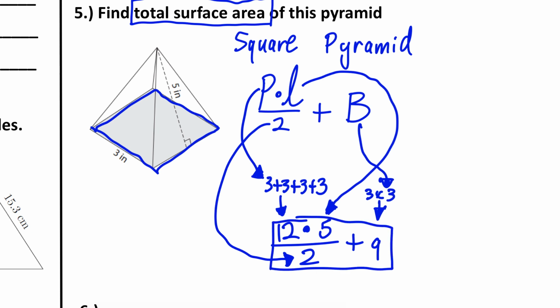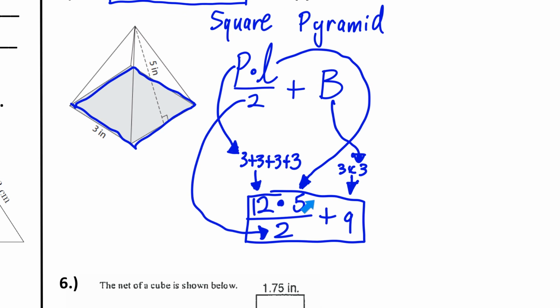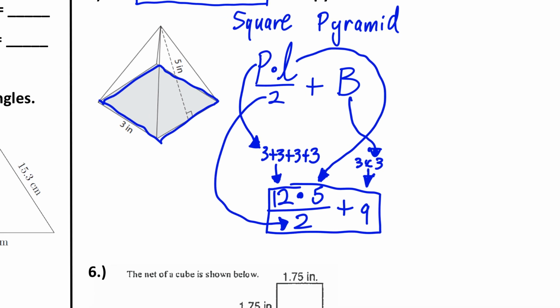Now we're going to type that in. Perimeter of the base is 12, slant height is 5, divide that by 2, plus the area of the base is 9. So 12 times 5 divided by 2 plus 9 is 39 square inches.